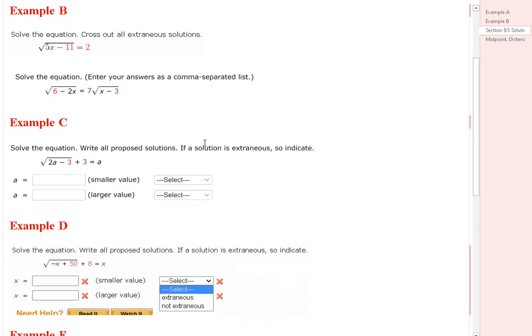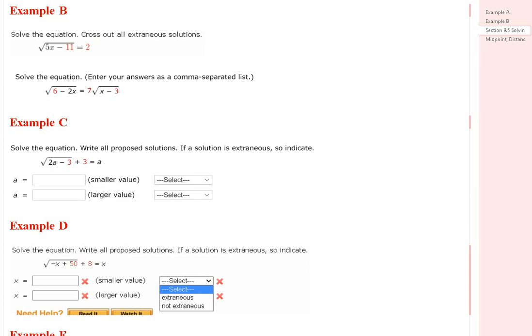And this one's going to start changing things up for you a little bit, making it more interesting. Square root of 6 minus 2x equals, or excuse me, 7 times the square root of x minus 3.